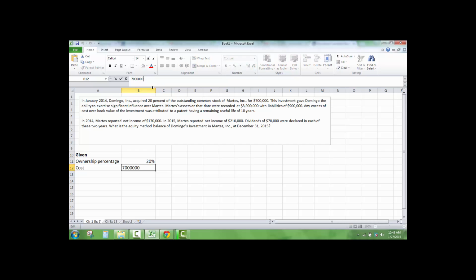I always format this because I add extra zeros by accident. And then we have assets, $3,900,000, and we have liabilities of $900,000.